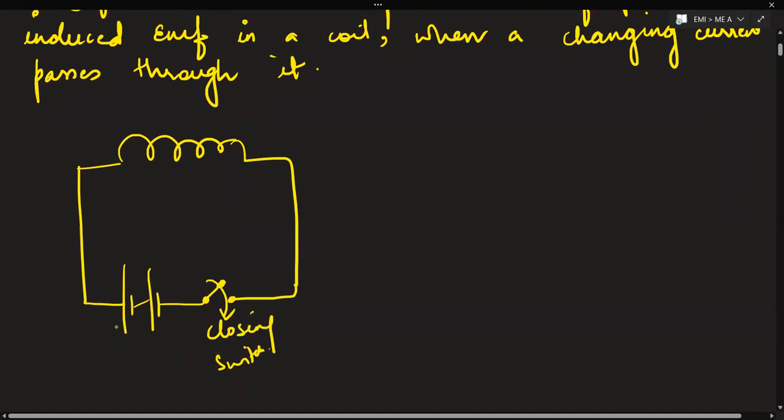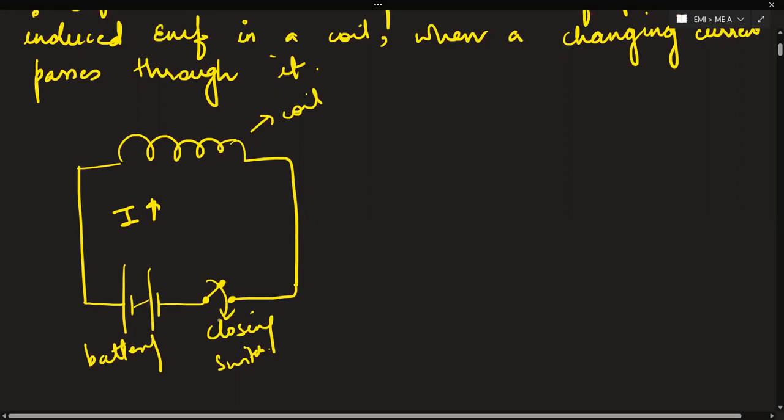This is a battery over here. A tapping switch is there, which is connected in series with the coil. This is the coil right now. A number of turns are there. Let's specify it: 1, 2, 3, 4, 5. 5 turns are there. Now, as this switch is closed, this is a tapping switch. So as this switch is closed, what happens? Current through this increases.